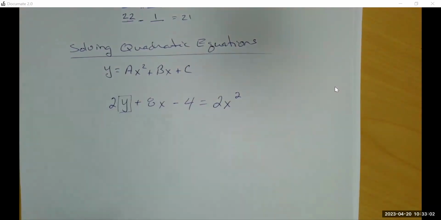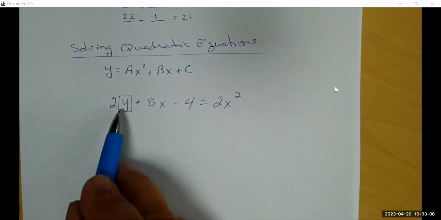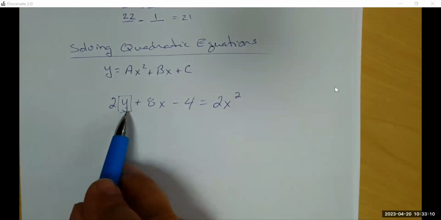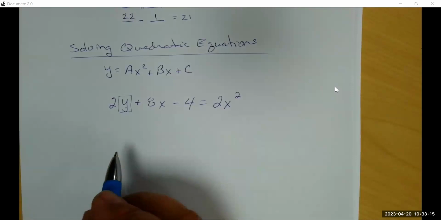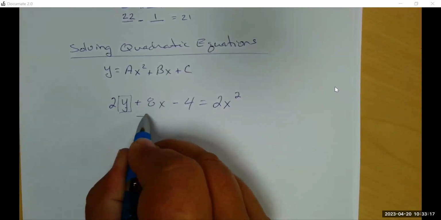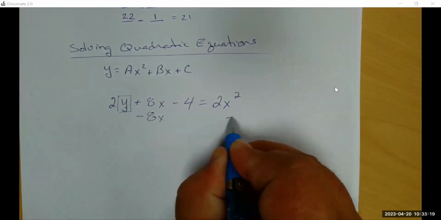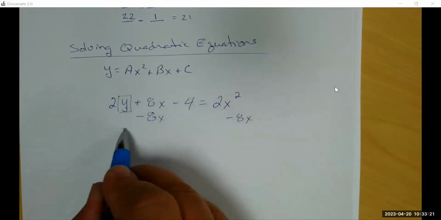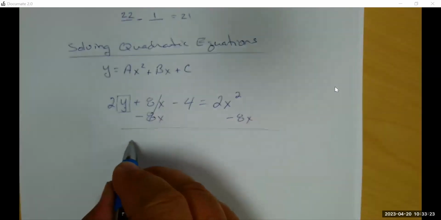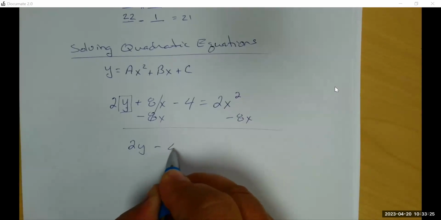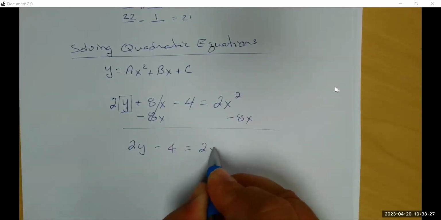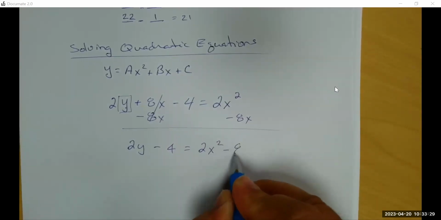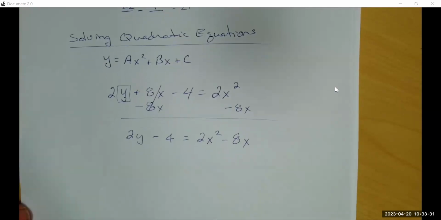So what do you get rid of first? Since this is the y, get rid of anything plus or minus to it first. The positive 8x would be negative, so we put negative 8x over there. So we have 2y minus 4 equals 2x squared minus 8x.